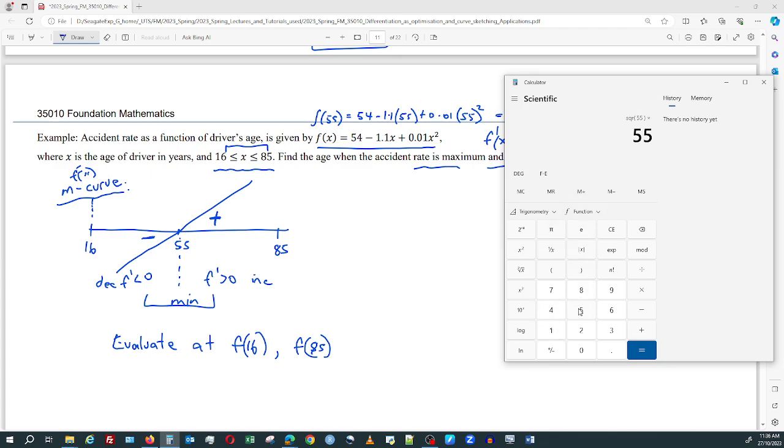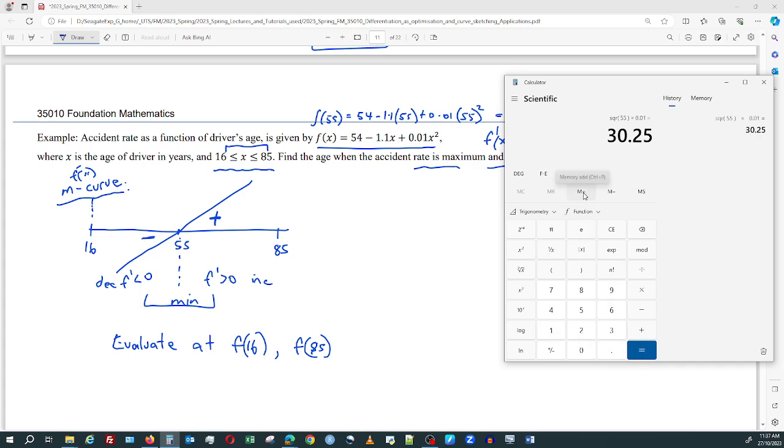See, I did the wrong thing there because I made a mistake. So do it all again. 55 squared times 0.01. Oh dear, it's holding the previous value, so let's just get rid of them all. Clear it all. 55 squared times 0.01.